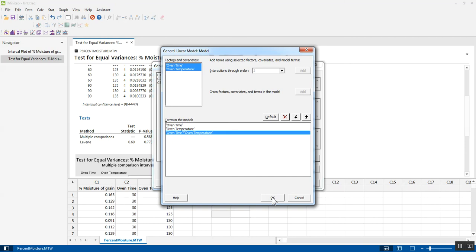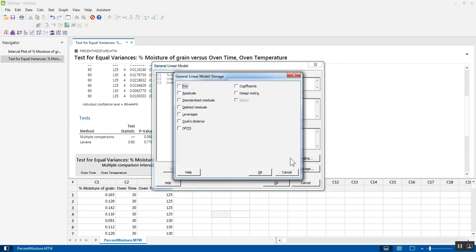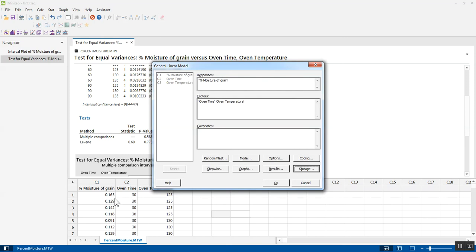It's a good one. I want to store the residuals, remember, which is how much each observation differs from its group mean. So how much, for example, this observation here in the first row, at the oven time of 30 at 125. We can see we've got 4 observations at that particular 2-factor level.